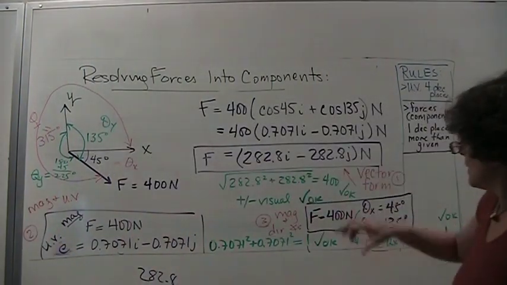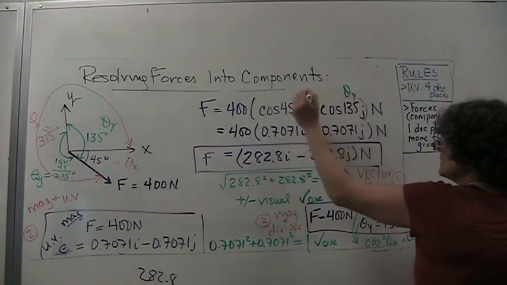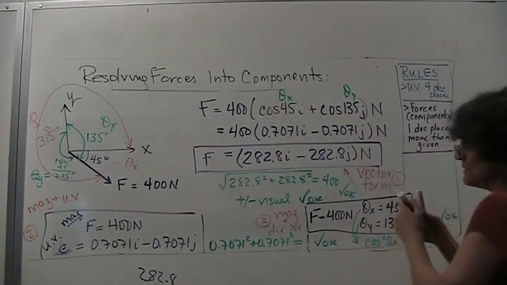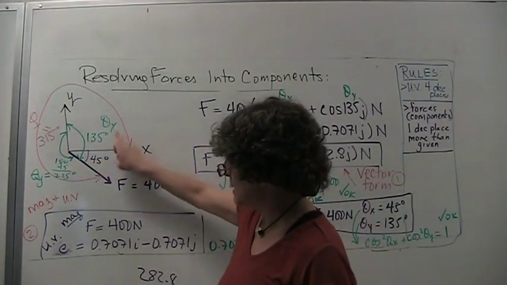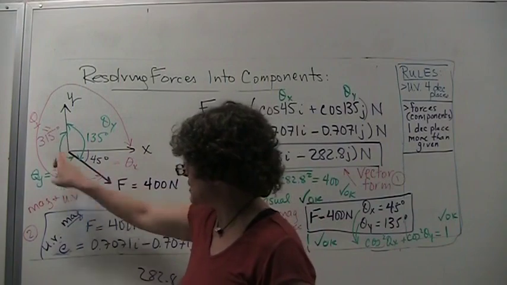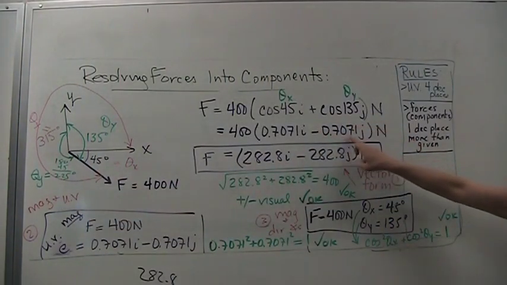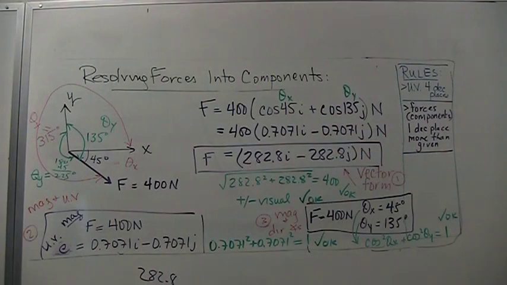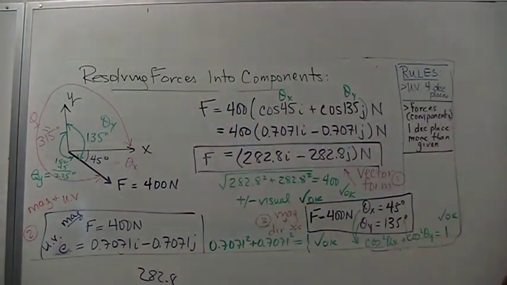And again, when we did cosine of theta y, this is theta y up here. This is theta x. If instead of going in this direction and putting in 135 for theta y, we went around this direction and got 225, the cosine of 225 would have given you a negative 0.7071. So again, I'm pretty sure this is the first time where one variable could actually have two different values.